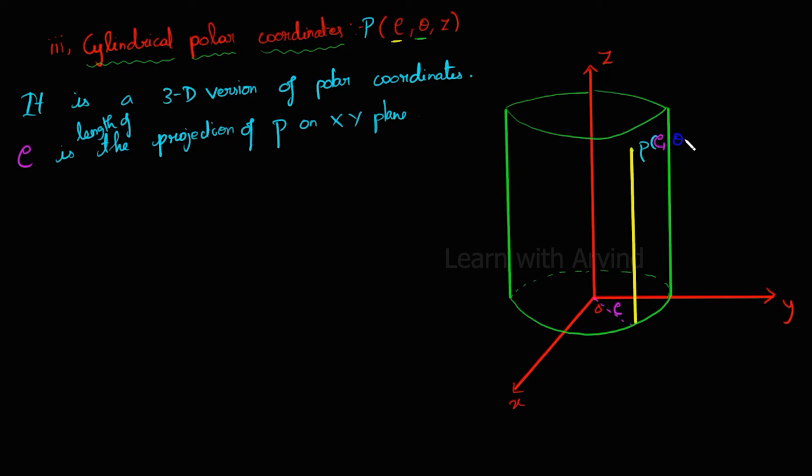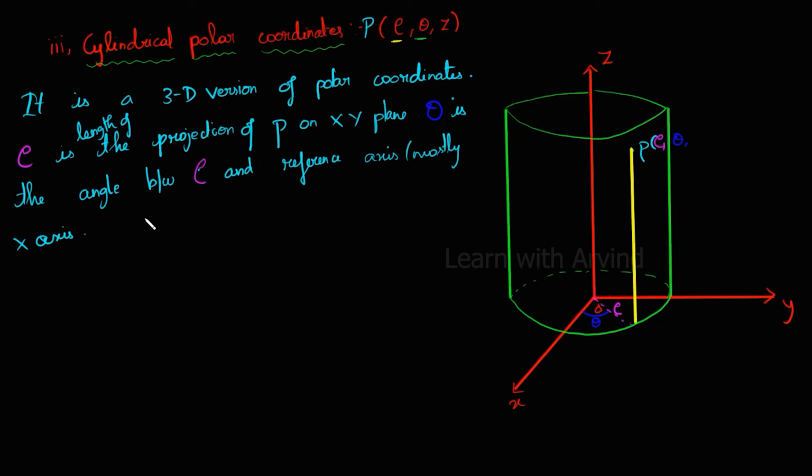And theta is the angle between rho and the reference axis, most probably the x axis in most cases. And the next coordinate is z. Distance z is the perpendicular distance from the plane xy.